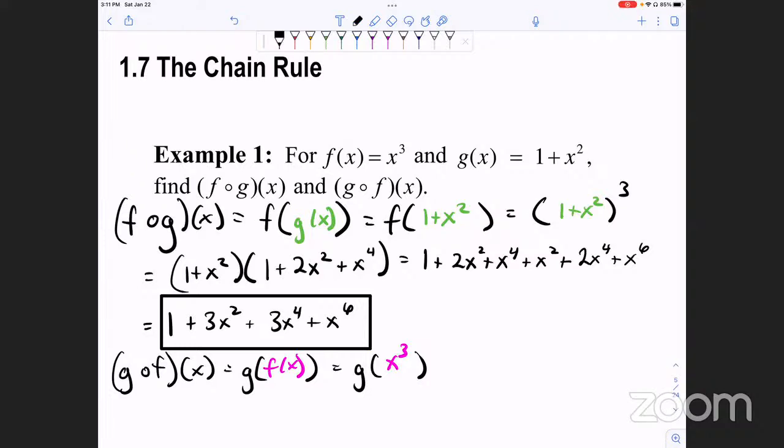We're just taking the function g and replacing each x with the fuchsia thing. That's why I changed the color, because fuchsia begins with f, and it looks like pink or whatever.